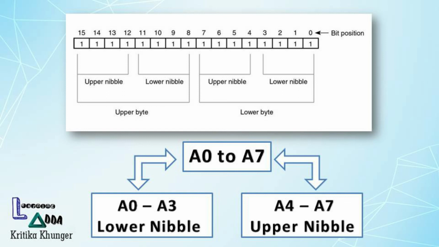In the upper byte, again the first 4 are the lower nibble and the other 4 are the upper nibble. Now we are using only an 8-bit register, so we have A0 to A7. A0 to A3 will be the lower nibble and A4 to A7 the upper nibble. For this instruction we only use A0 to A3, because we are only exchanging the lower nibble with the lower nibble of the RAM location.